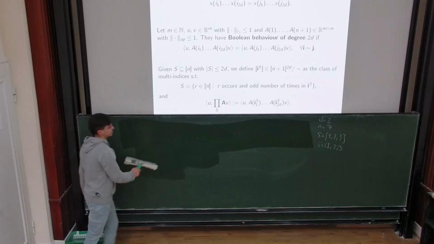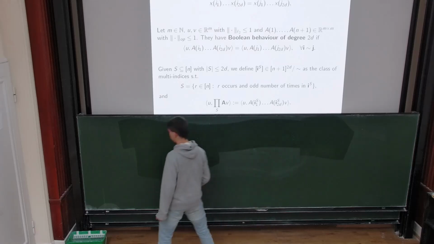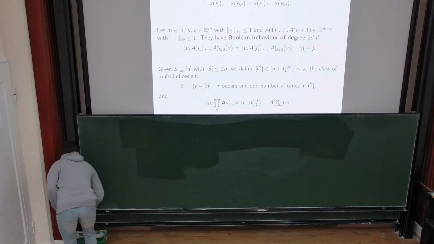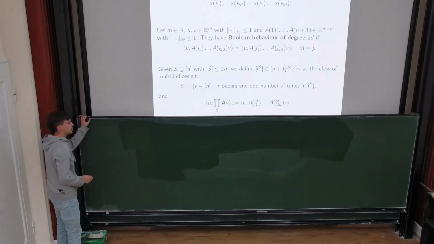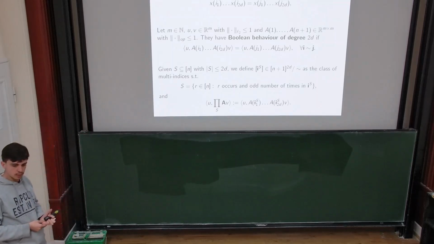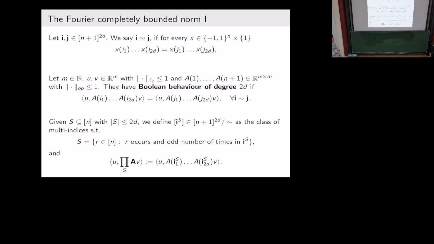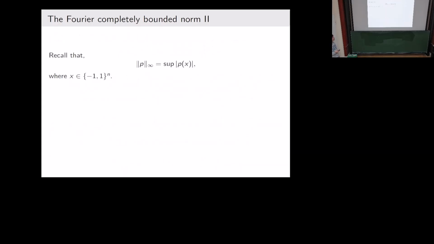And with this, I can define an evaluation of the characters on these matrices that behave like Boolean for every character of degree at most 2D. Okay? So now we can define the Fourier completely bounded 2D norm. Let me recall that the infinity norm is the supremum of the evaluation of the polynomial on Boolean strings.